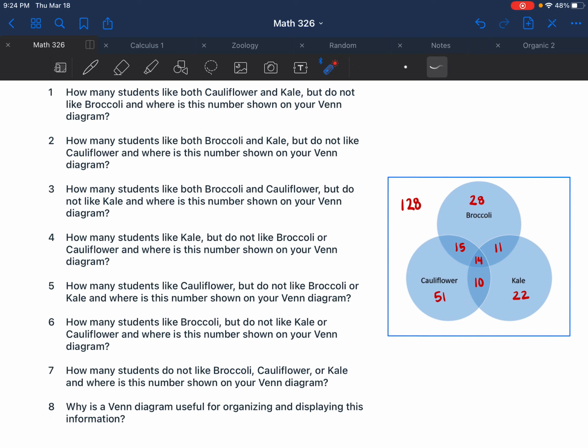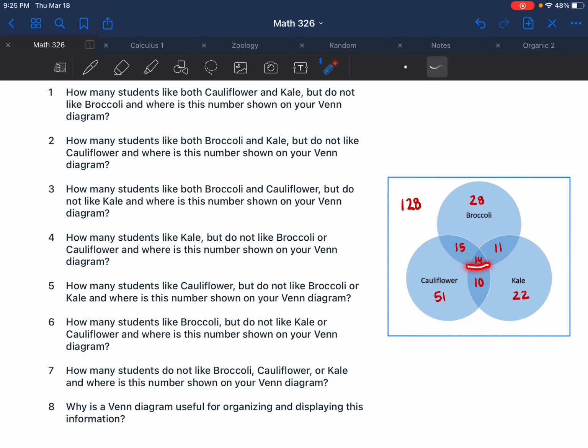So question number 1. How many students like both cauliflower and kale, but do not like broccoli? And where's this number shown on your Venn diagram? So people that like cauliflower and kale, they're going to be in these two circles, right? But we have to remember this little section also includes people that like broccoli.